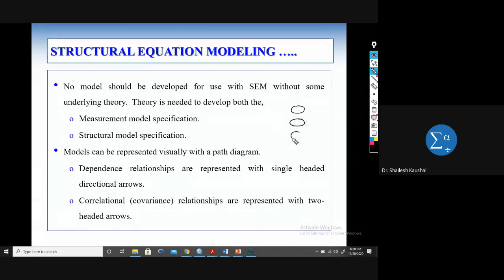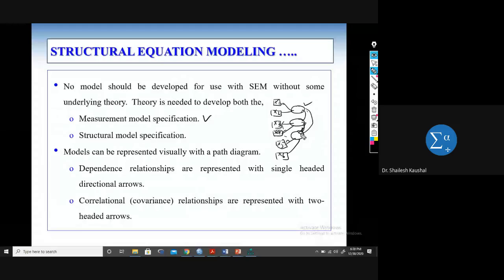These are the variables, and these are the observed variables: x1, x2, x3, x4, x5, x6. So these are the observed variables, and the covariance. So it's a measurement model specification.